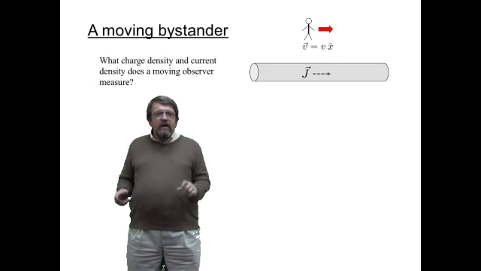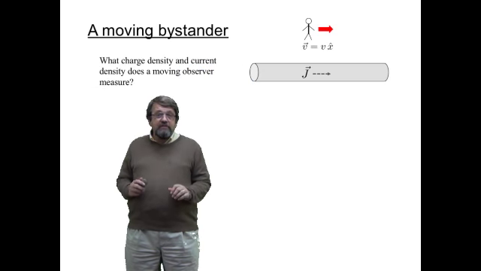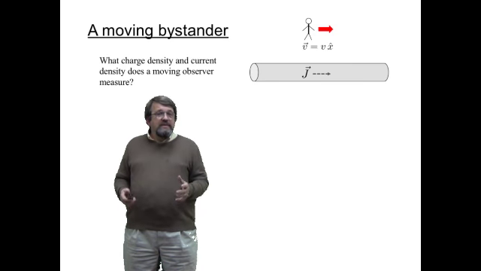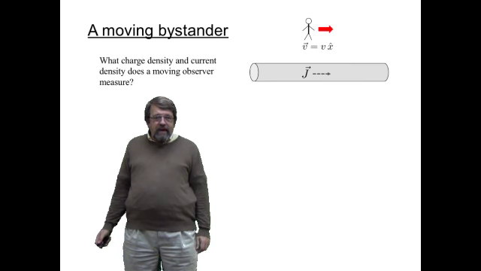So we have this wire, we've got a net current density flowing to the right. What does that look like to an observer who is also moving to the right parallel to the wire? What does this wire look like to this moving bystander? Well, of course, we're going to use our favorite trick.